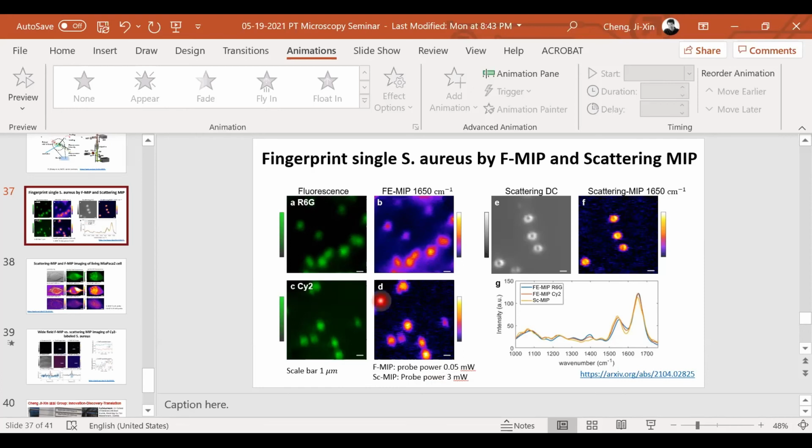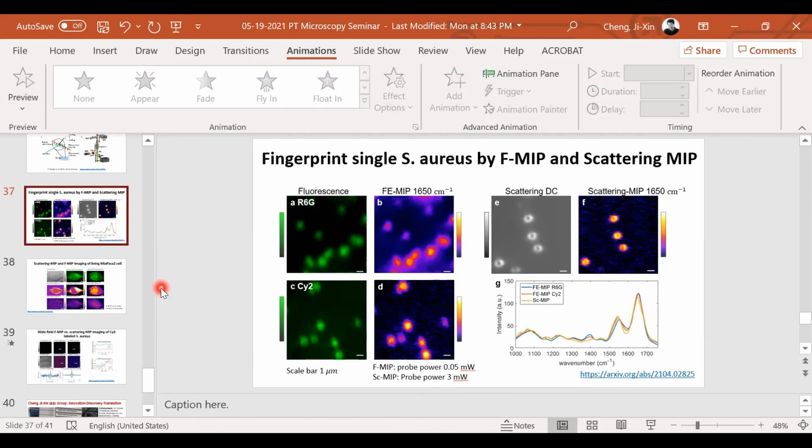Nice talk, Professor Cheng. I have a question about sample preparation, about the thickness of the sample. Since the IR pulse cannot penetrate a large distance, usually it penetrates about several microns, no more than maybe 100 microns.